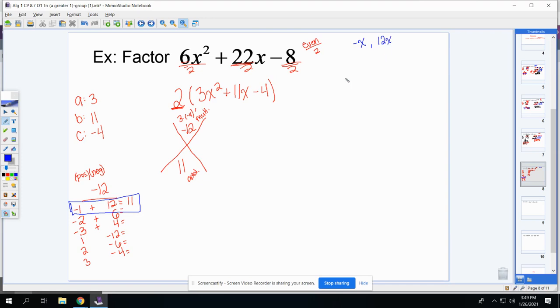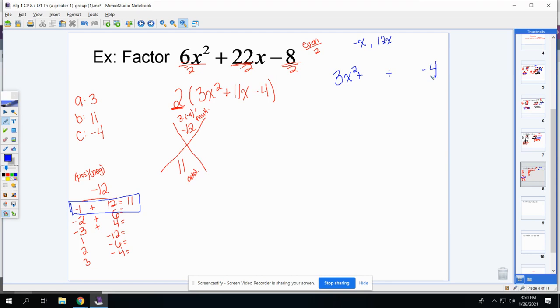So the two numbers we're going to be adding to our old equation. So we'll have 3x squared plus something minus 4. Two numbers here are 12x and negative x. Again, it doesn't really look like it matters this time where we put these.